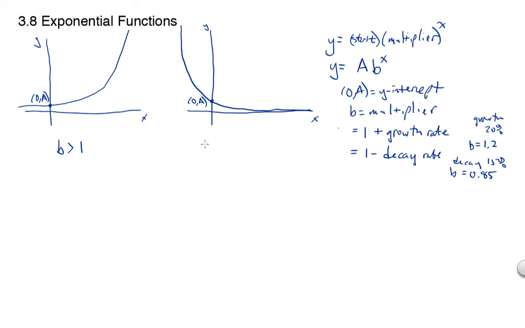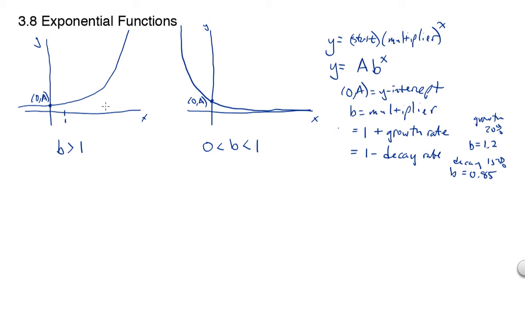Basically, the b value never goes below 0. It's never going to be negative. If it gets negative, this exponential function does some wacky stuff and it gets really complicated. But if it's decaying, then your b is less than 1. Your multiplier is less than 1, which makes sense. If you're multiplying something by something smaller than 1 multiple times, it's going to get smaller and smaller.